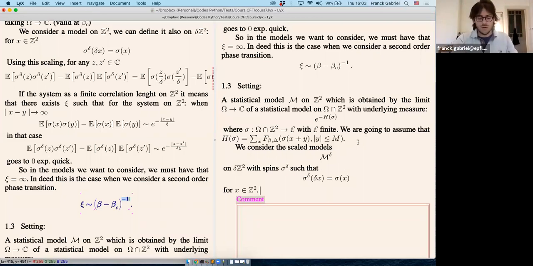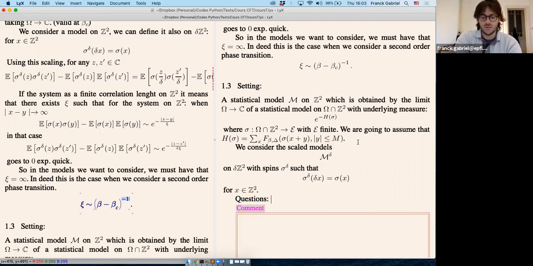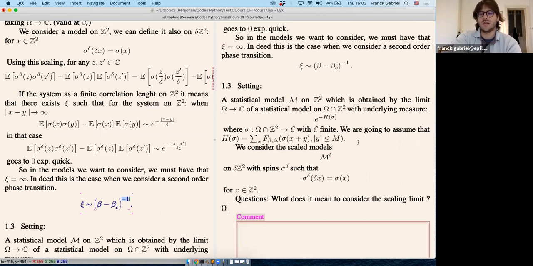Now, the question that we are going to try to answer is what does it mean to consider the scaling limit, and we'll see that the underlying object will be what we call a statistical field theory. You can guess already, it's a field theory, so you know already what a field theory is, but it's statistical because we want it to be the limit of a statistical model.